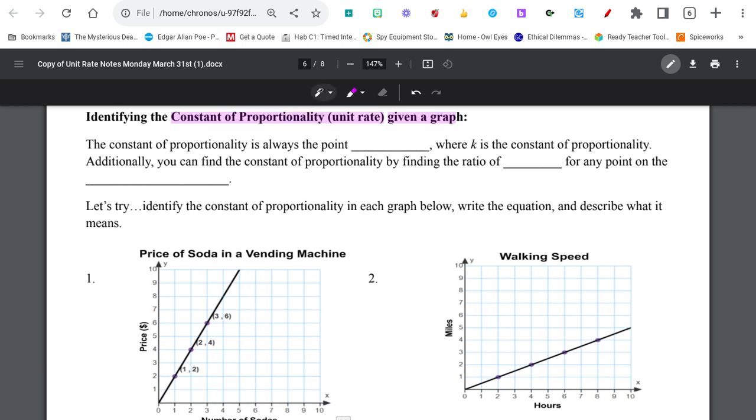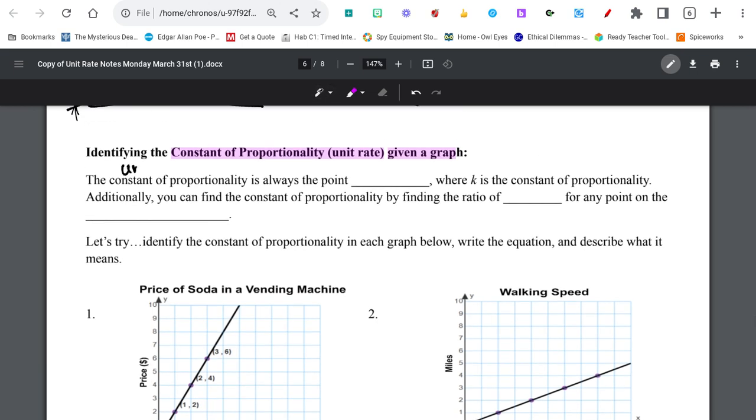Okay, so the constant of proportionality, also called the unit rate, is always the point (0, k), where k is the constant of proportionality, or again, unit rate. So what do I mean? Well, every ordered pair consists of an x and a y.